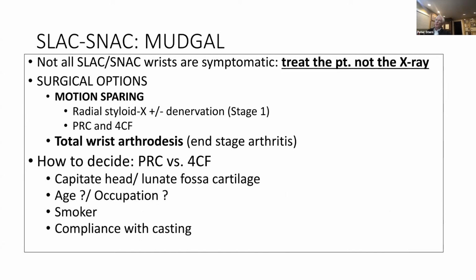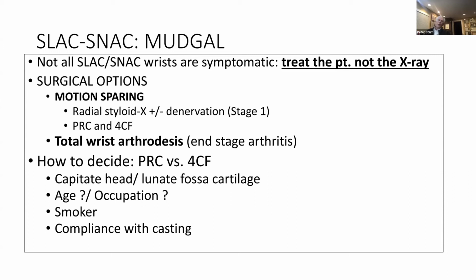One is motion sparing procedures, and the most common motion sparing procedures are very conservative things like a radial styloidectomy with or without a wrist denervation, and then the more traditional procedures, proximal row carpectomy and four-corner fusion. Salvage procedure generally is a total wrist fusion.